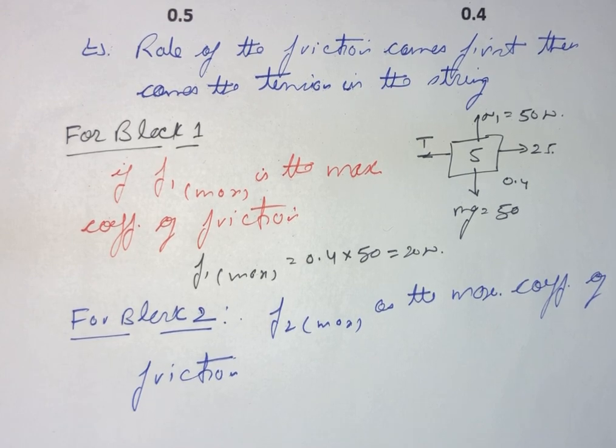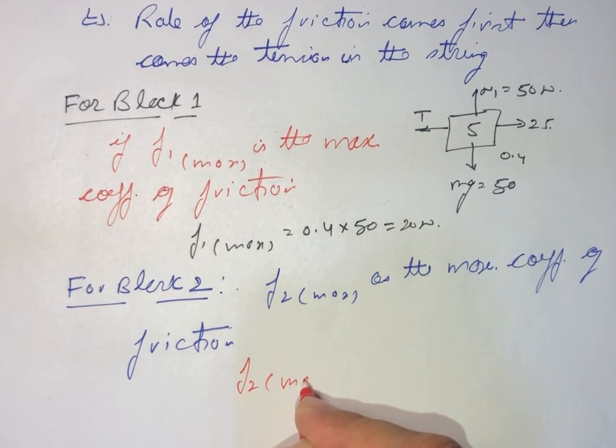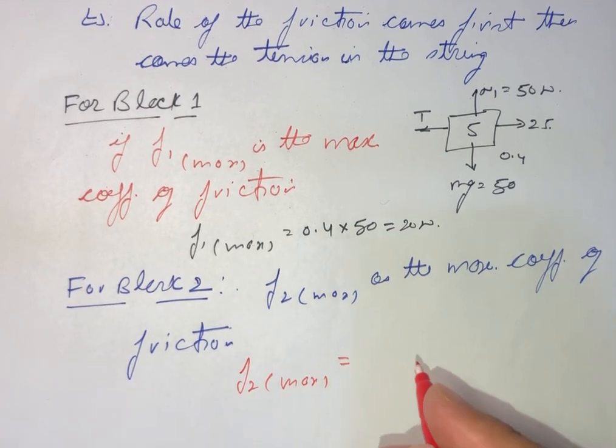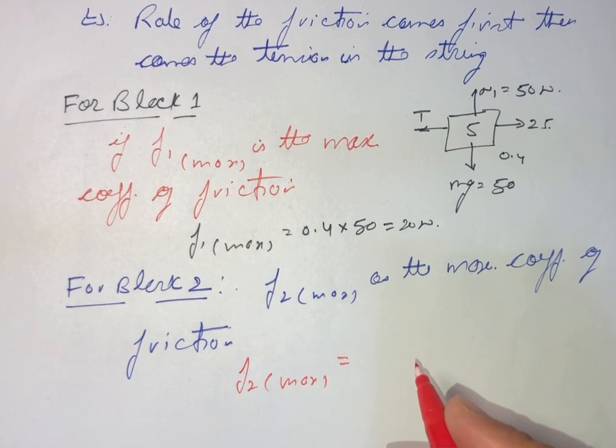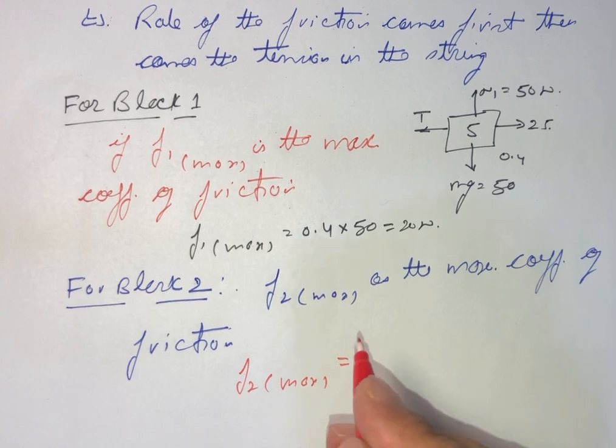Our F2 max will be equal to, the coefficient of friction is 0.5.